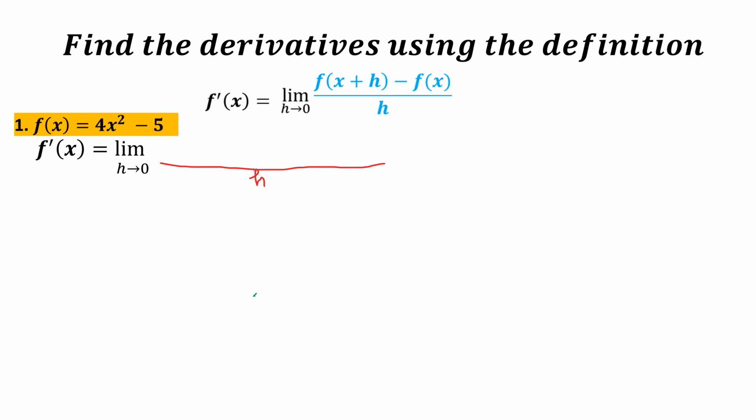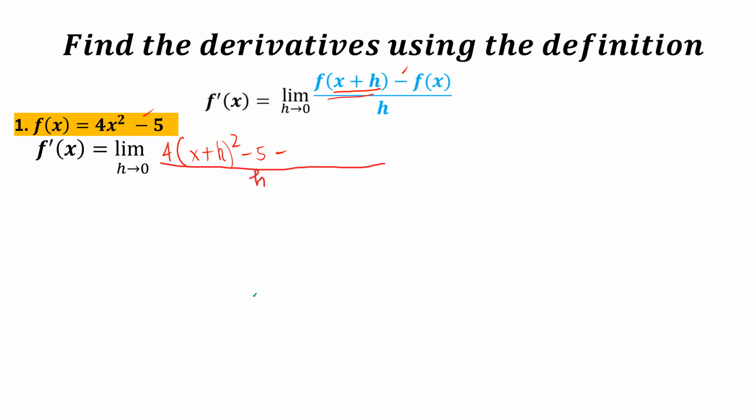Given a function f(x) = 4x squared minus 5, we will copy the 4x squared, but instead of copying x, we have to substitute it by x plus h, and then continue writing minus 5. Instead of 4x squared, we have 4 times the quantity x plus h squared, and then minus f of x.